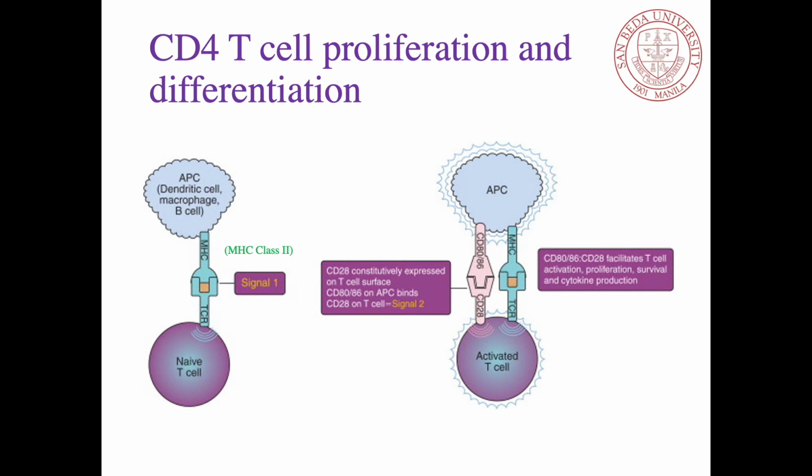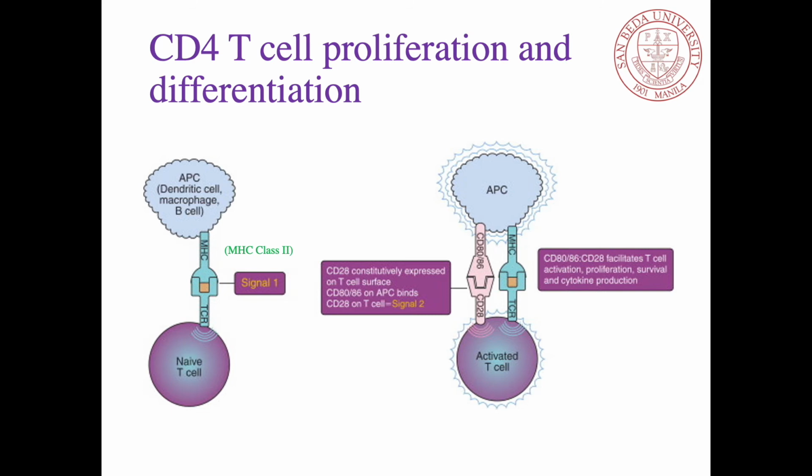One very well-known type of co-stimulation, or rather one of the best characterized co-stimulatory molecules expressed on T cells, would be CD28, which interacts with CD80 and CD86 on the APC.